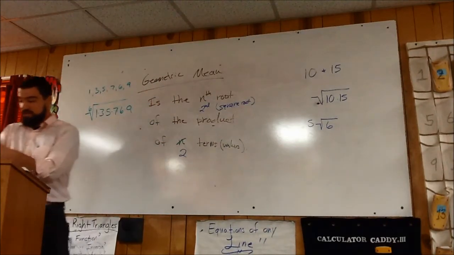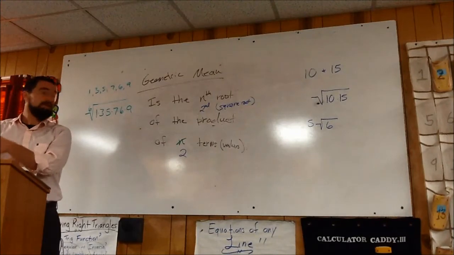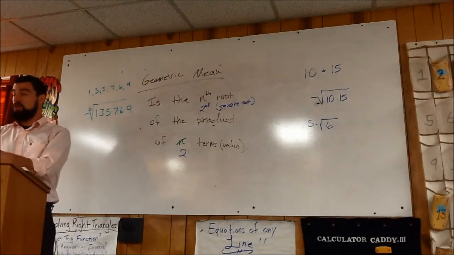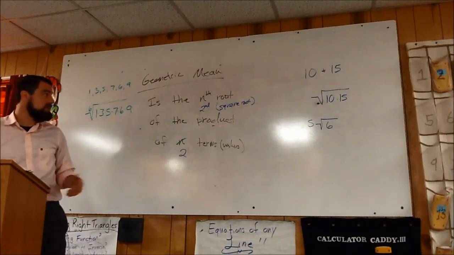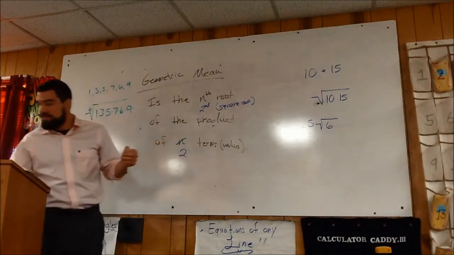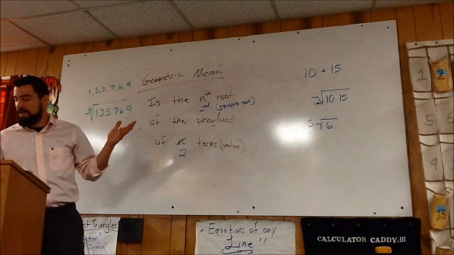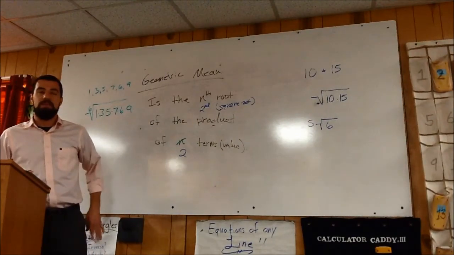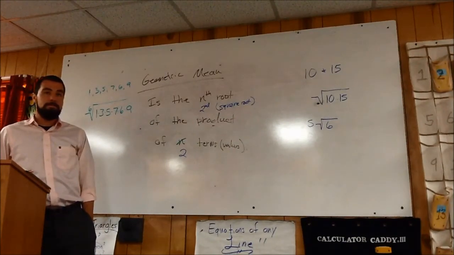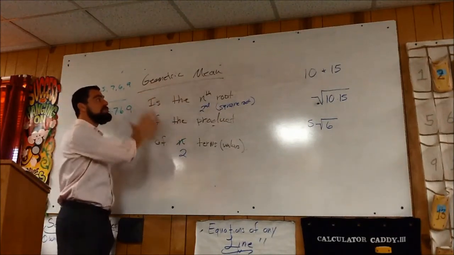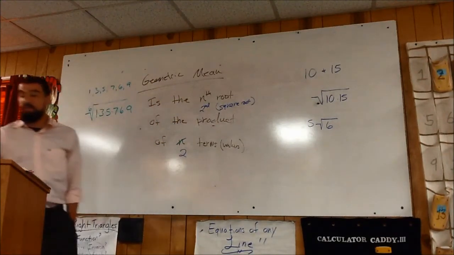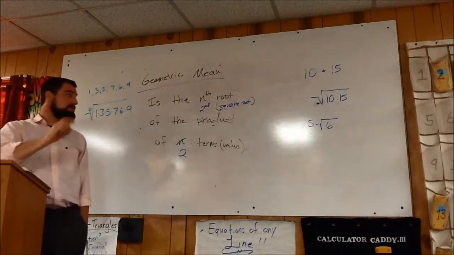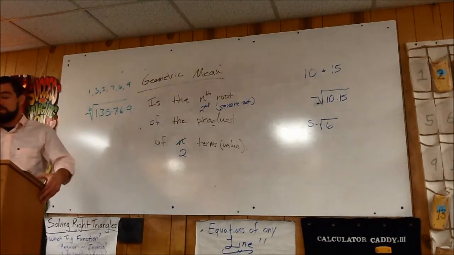They are focusing strictly on if you want to know the geometric mean of two values. And this is a true definition, that x, the geometric mean, is just the square root of a times b, whatever those two values are. So you need to understand that this is the generic definition, and in your textbook they are strictly talking about two values.